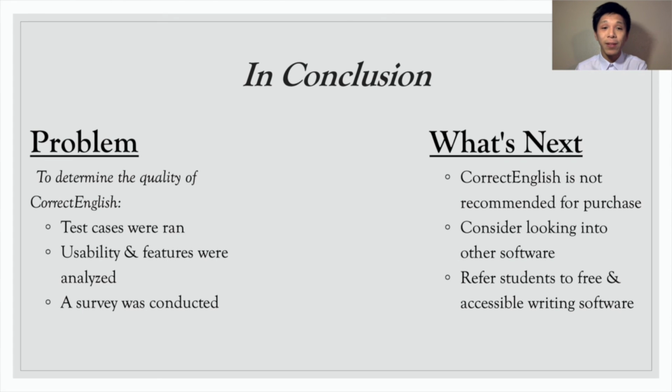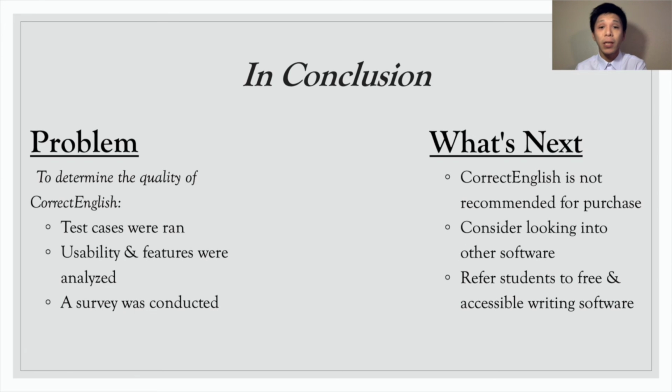To recap, the question that this report set out to answer was if Correct English was good enough and worth purchasing for students at the educational institution. The methods used to test Correct English found that no, it cannot be recommended. Moving forward, purchasing executives such as yourself should consider looking into other writing software and possibly conducting an additional quality assurance report.